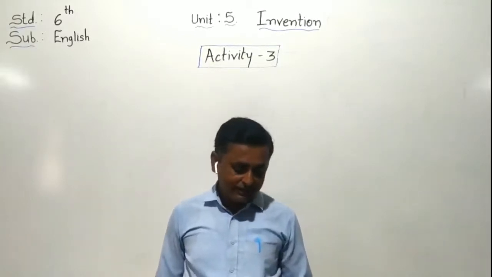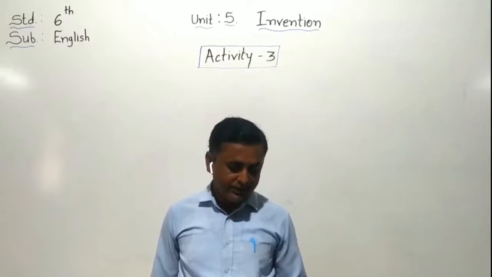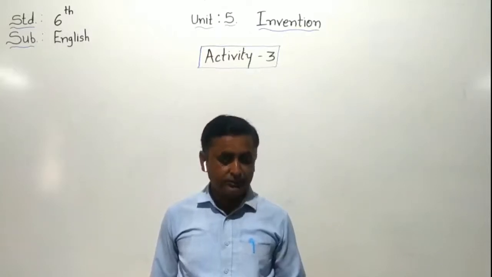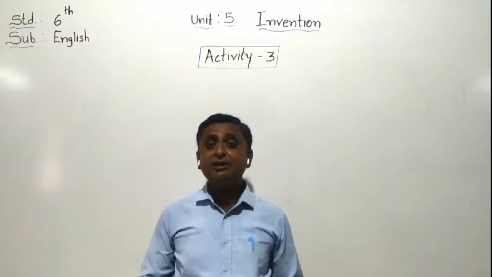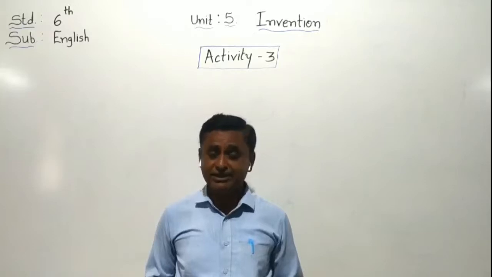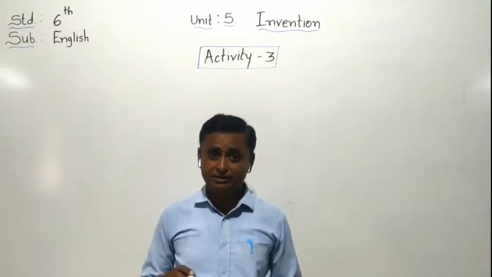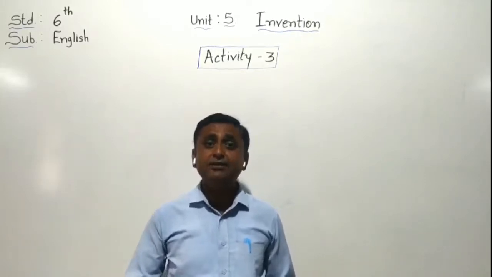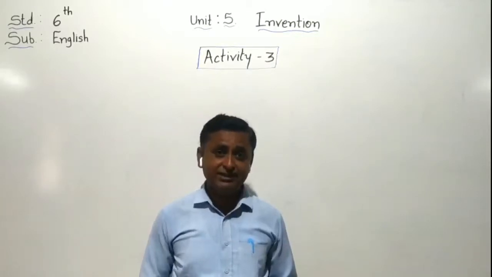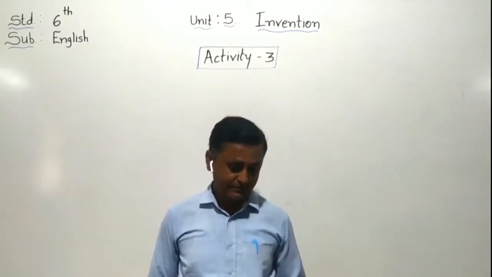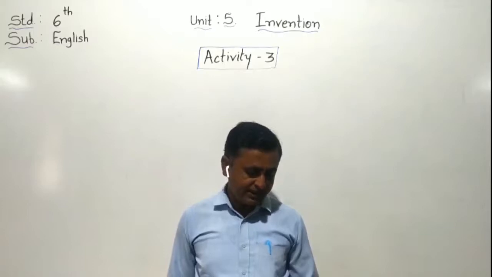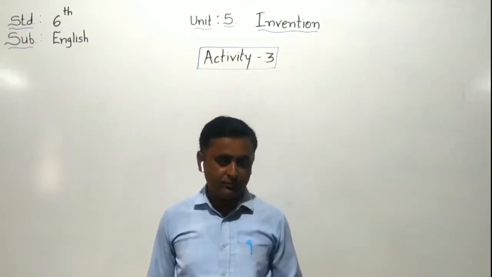Work with a partner or group to add 3 more inventions to the list. We saw the invention of the light bulb in the second activity. Now in the third activity we have added more inventions in the list given downside. What are some problems that each of these inventions solved?